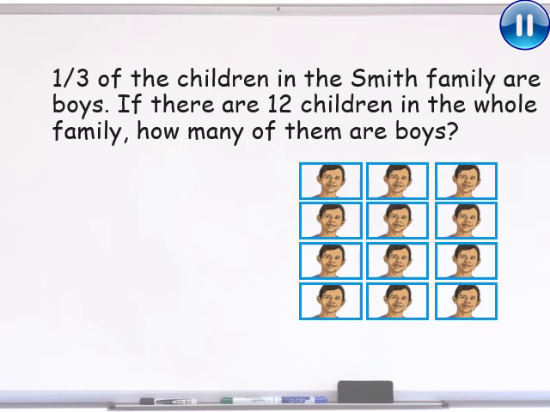First of all, I need to find the information that I want. Let's go for our highlighter pen, and we want 1/3, and we've got 12 of them. So how are you going to write that as a question? You're going to write it as 1/3 multiplied by 12. So pause the video now and have a go at this one.